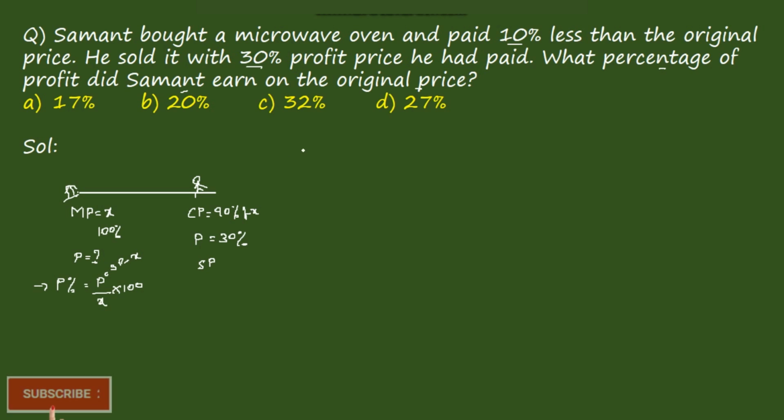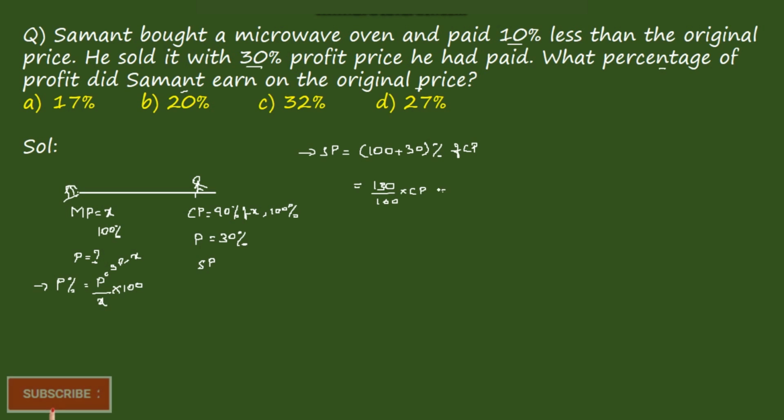Since the profit is 30%, with the cost price as 100 percent, the selling price is 100 plus 30 percent of the cost price, which is 130 by 100 into the cost price.